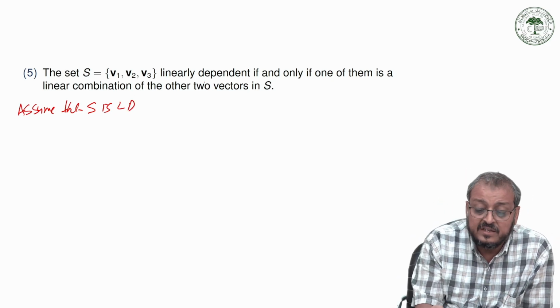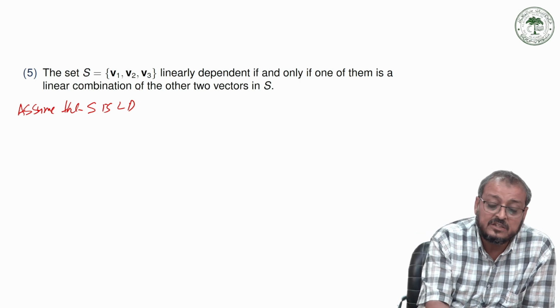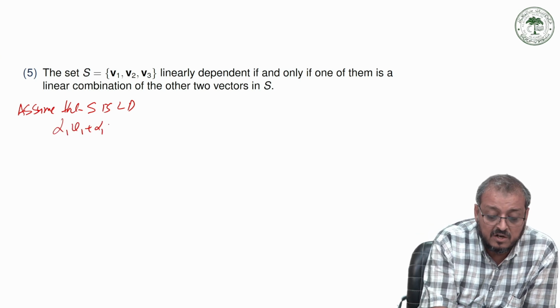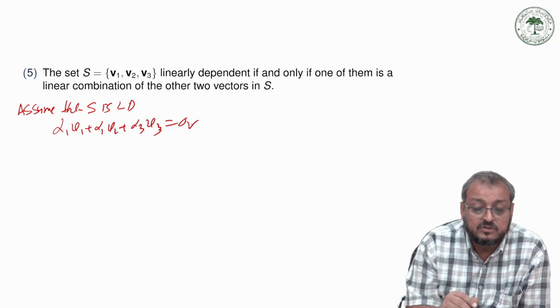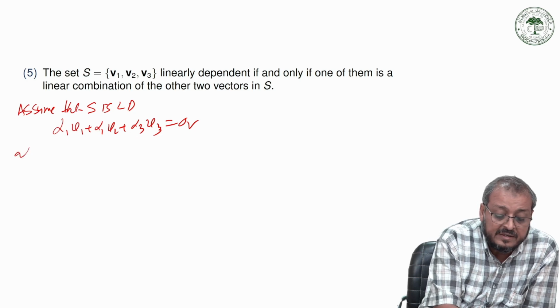If S is linearly dependent, there is a non-trivial linear combination, meaning at least one of the alpha is not equal to 0, such that alpha 1 V1 plus alpha 2 V2 plus alpha 3 V3 is equal to the 0 vector.